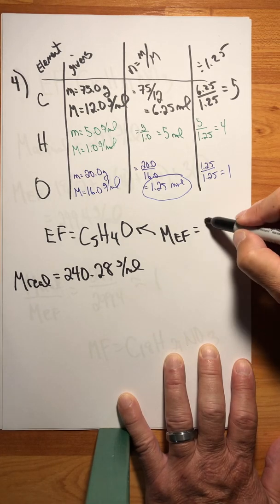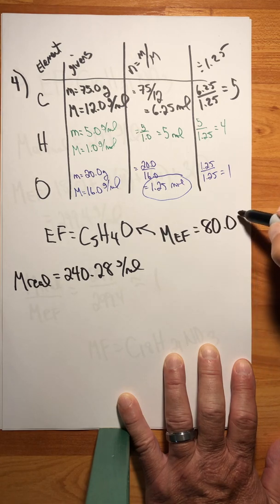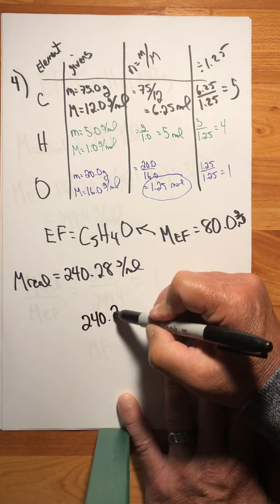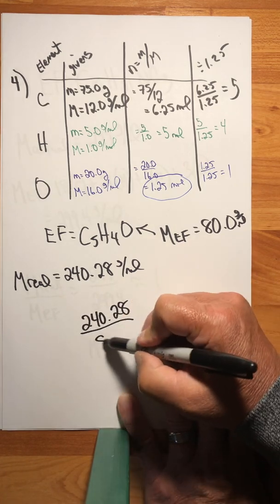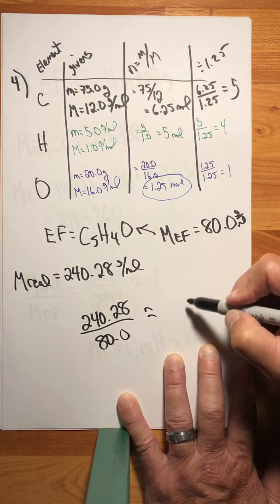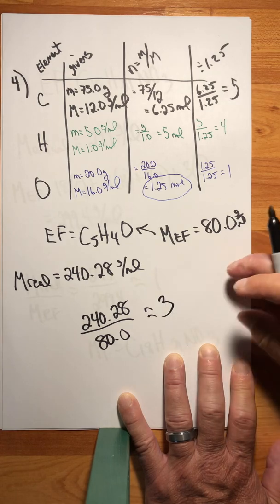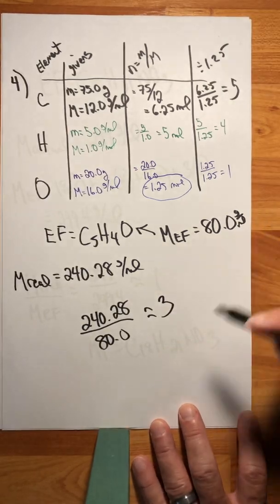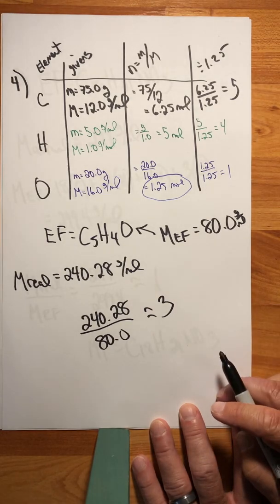And when I do that, I end up with 80 grams per mole. I'm going to take my 240.28 divided by the molar mass of my empirical formula. And when I do that, I get about 3. Again, when you actually punch it in your calculator, you're going to find that it's very, very close to 3.